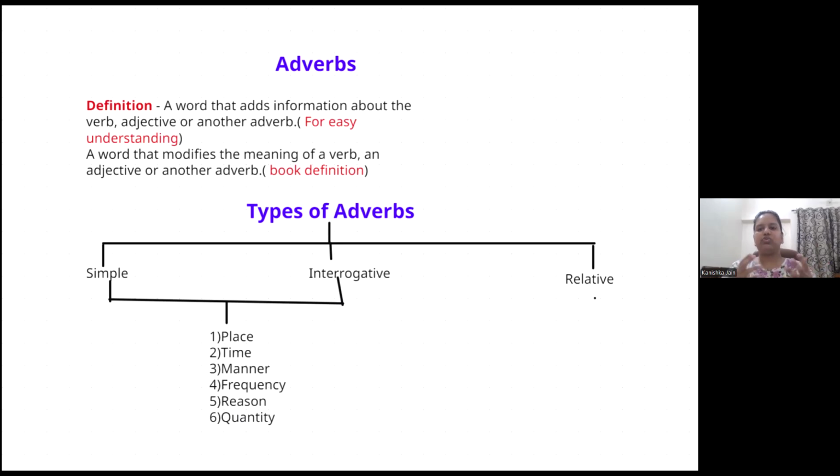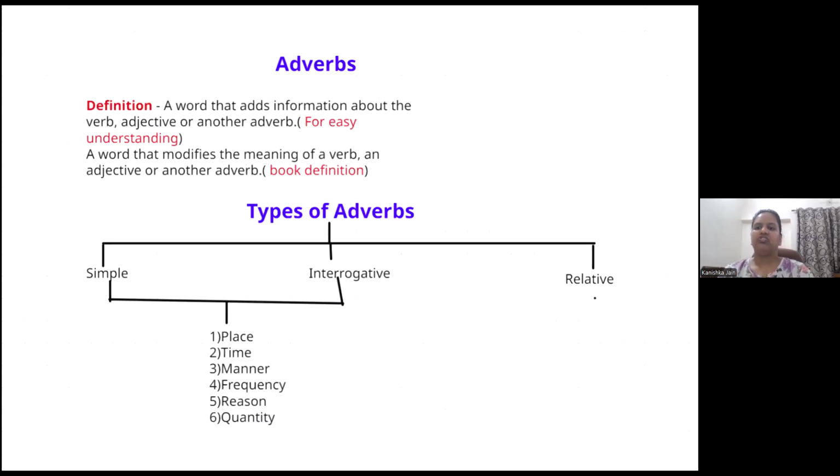In simple, it's going to answer how it is being done. Like, how is she teaching? She's teaching nicely. So, nicely is a simple adverb.